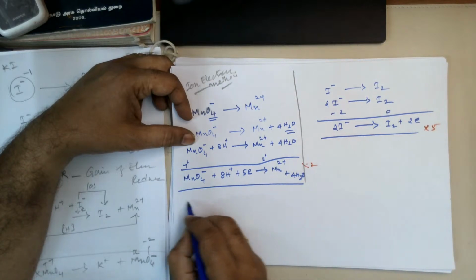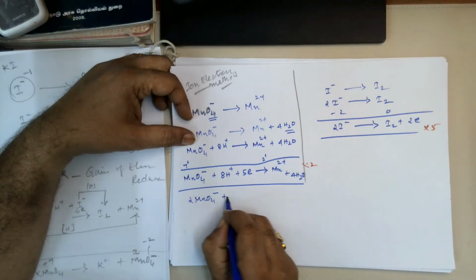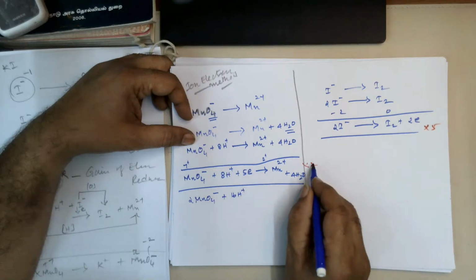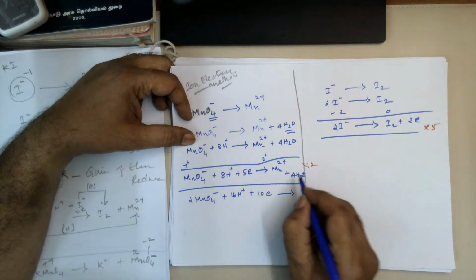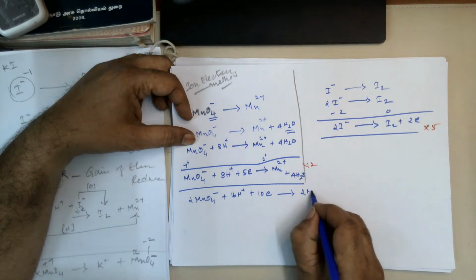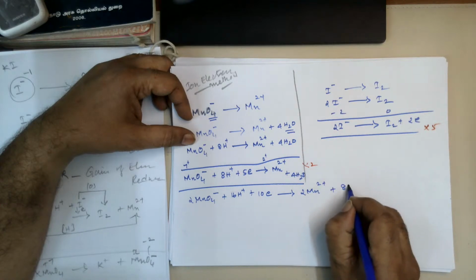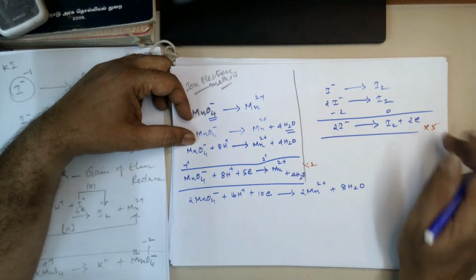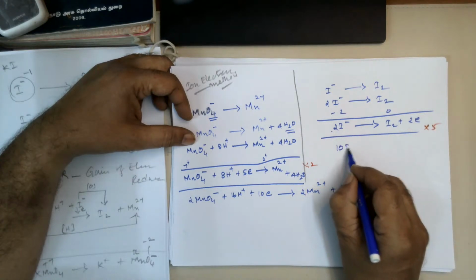So we can multiply this. So this becomes 2 MnO4 minus plus 16 H plus, and then plus 10 electron is equal to 2 manganese 2 plus and 8 H2O. Got it? And what about this one? That is 5 into 2, 10 iodide.